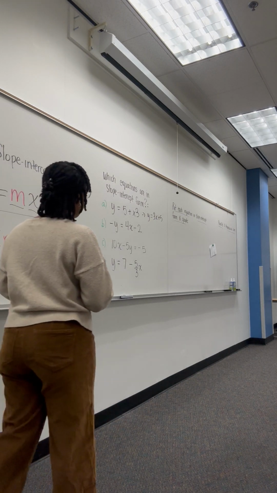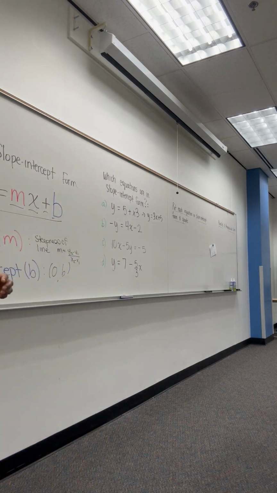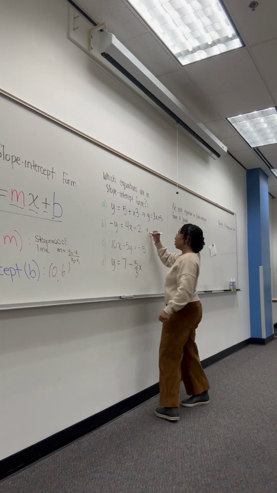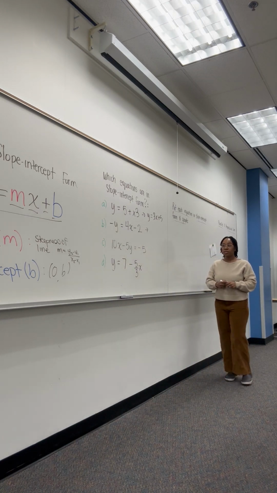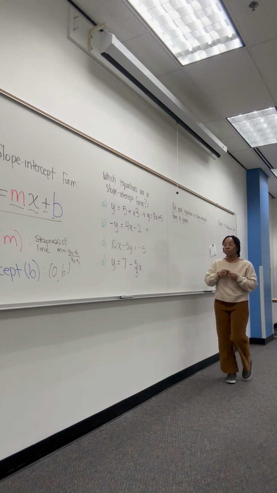Let's look at the next one. We have b, or our letter b. So negative y equals 4x minus 2. It's pretty close, but what's the issue? The y is negative. Y has to be by itself, completely by itself, nothing around it, nothing in front of it. So how can we fix this one? Let's just go ahead and divide everything by -1, and then it fixes this problem, okay?